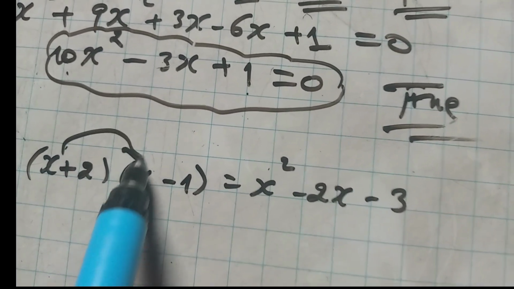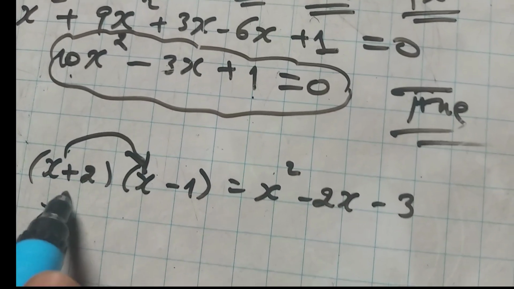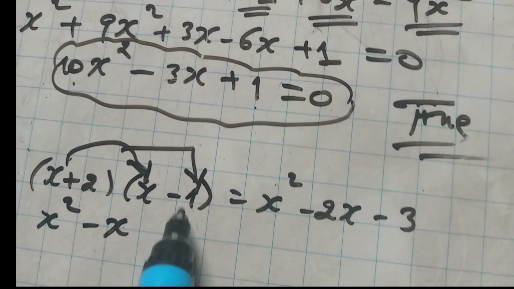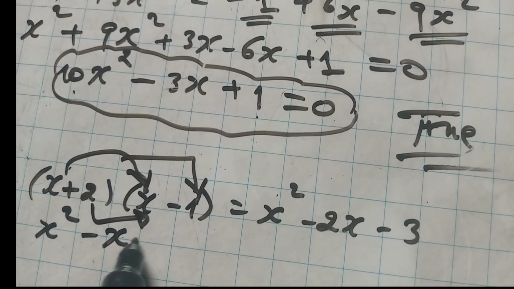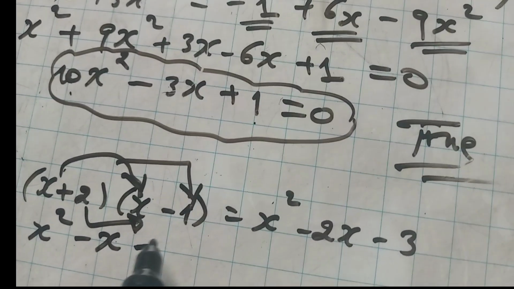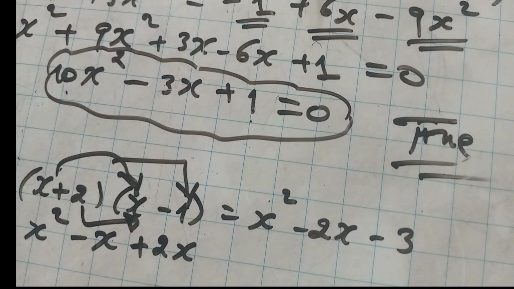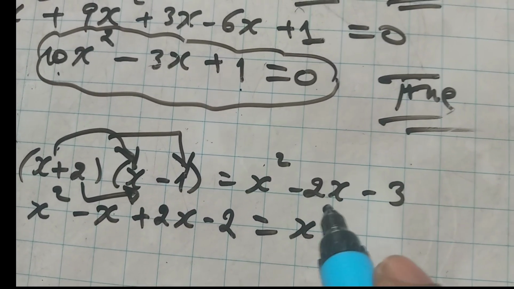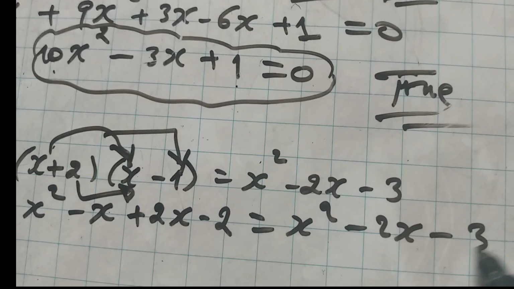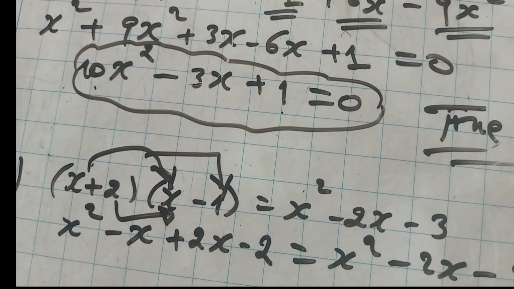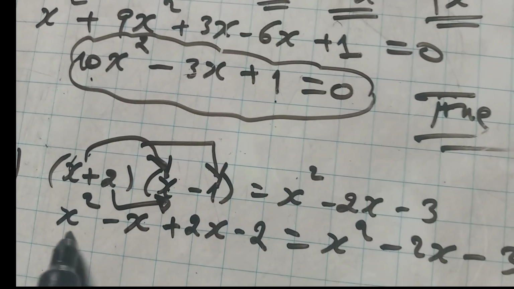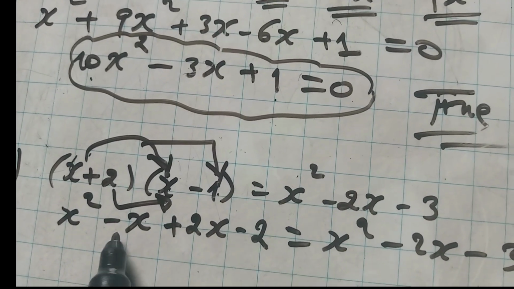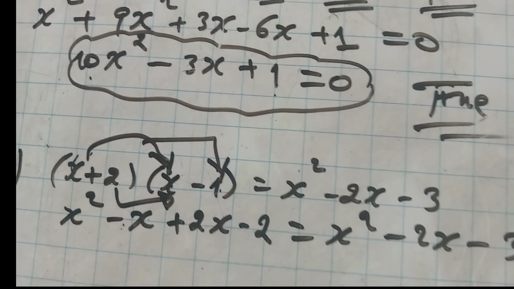If I try to multiply this x and this x, I have x squared, I have minus x. Then I have this 2 times this one, I have plus 2x. Sorry, x times x is x squared, x times minus 1 is minus x, then plus 2x is correct.